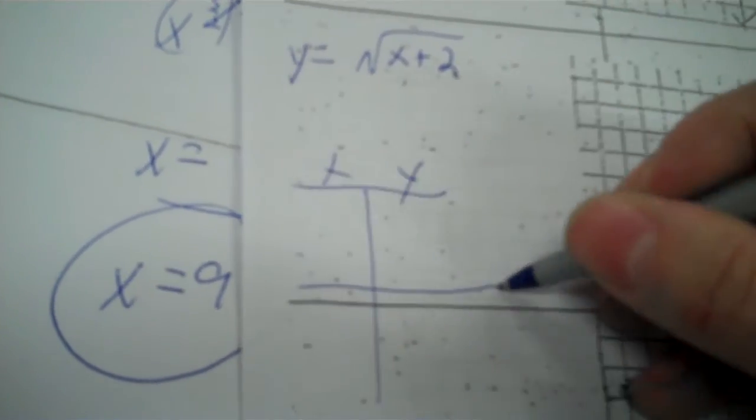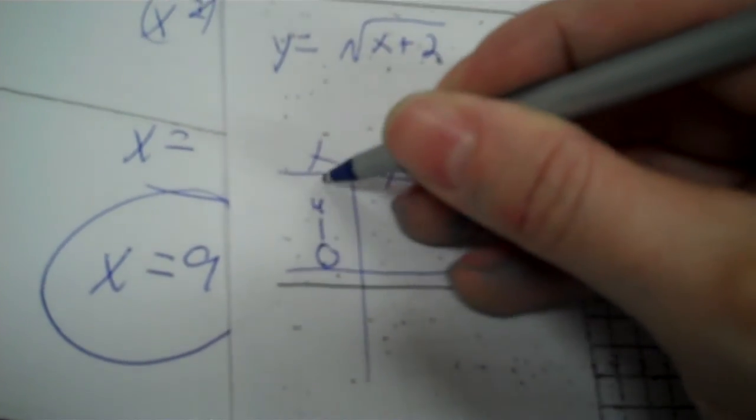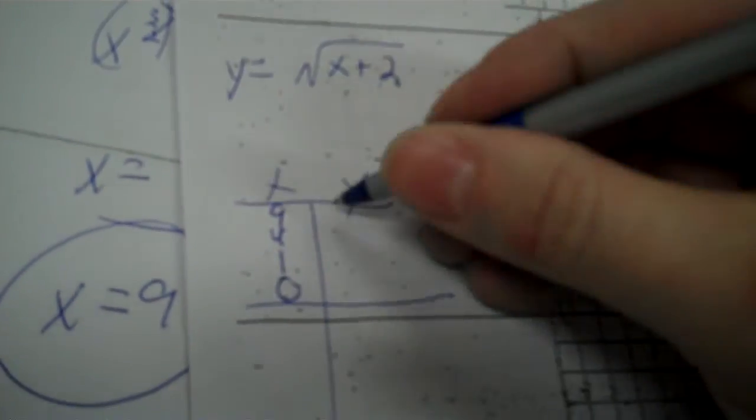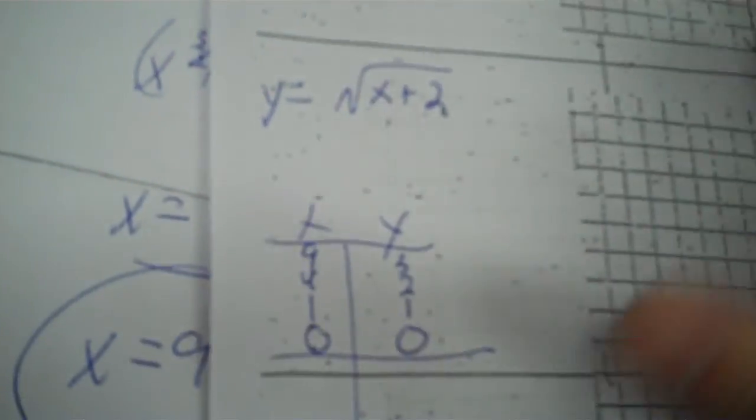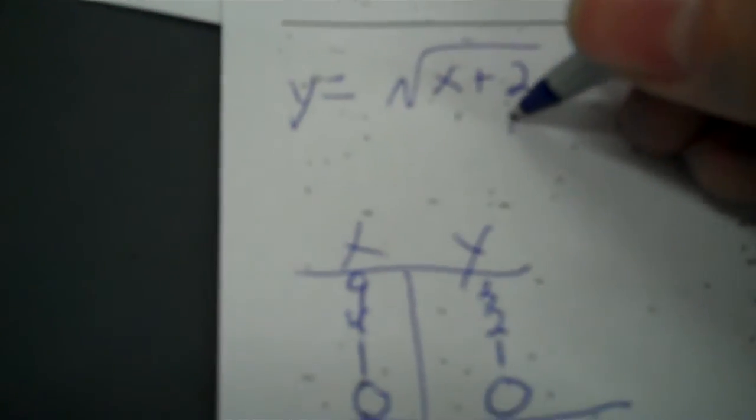Now, the next one, again, it's square root 0, 1, 4, 9. So square root of 9 is 3, square root of 4 is 2, square root of 1 is 1. Now, we do have an extra value, a plus 2, but that's inside, okay? So now I go to the x, but when I do the inside, it's the opposite, inverse operation. So if it's a plus 2, we're going to minus 2.